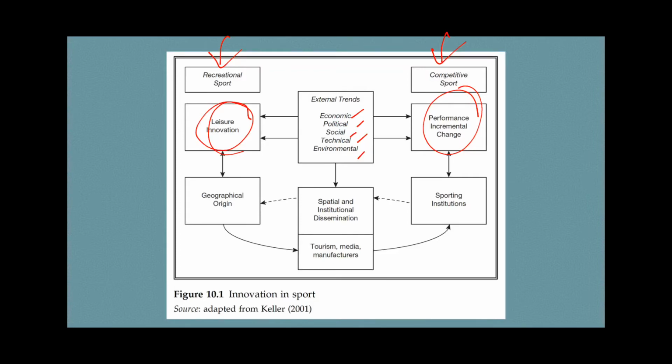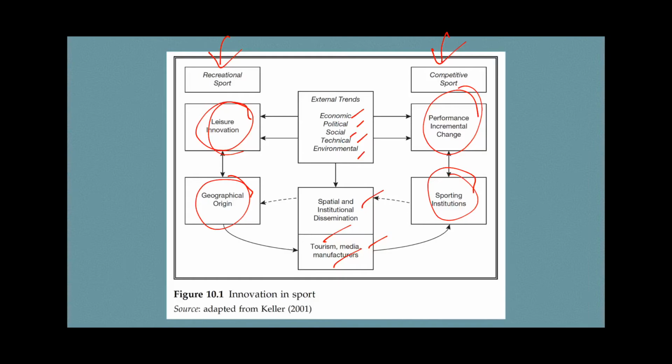And these changes and innovations are taken up by geographical origins of the recreational sport and by sporting institutions or organizations in competitive sports. And these are disseminated, reported by media, taken up by tourism, and adopted by manufacturers related to the sport.